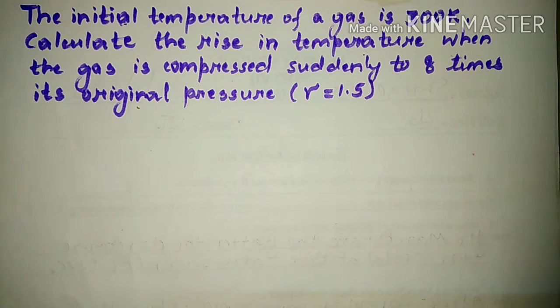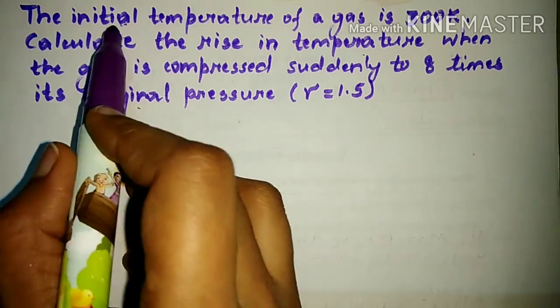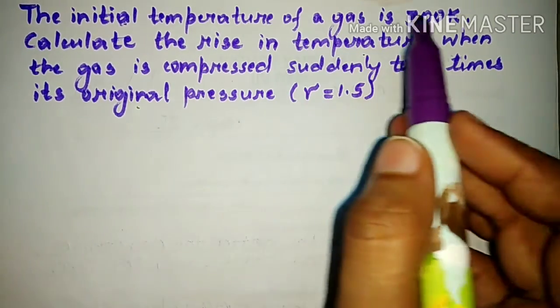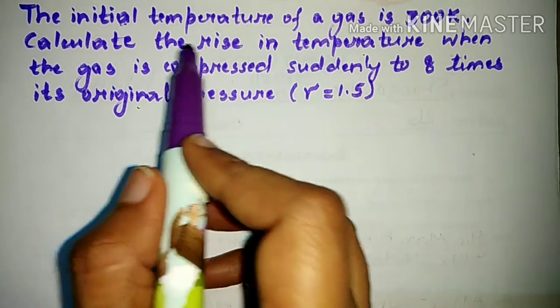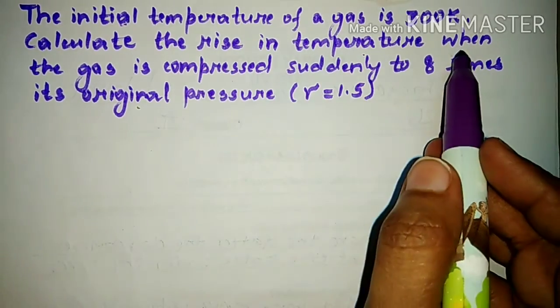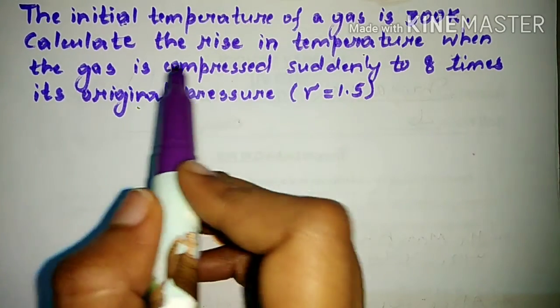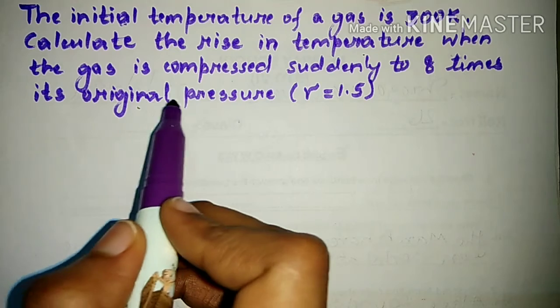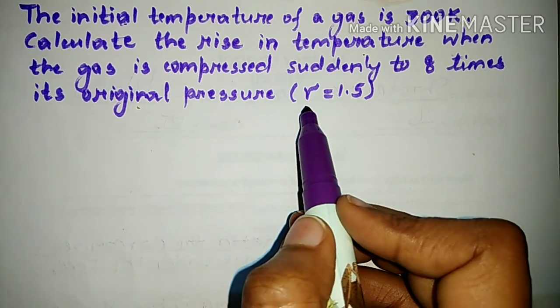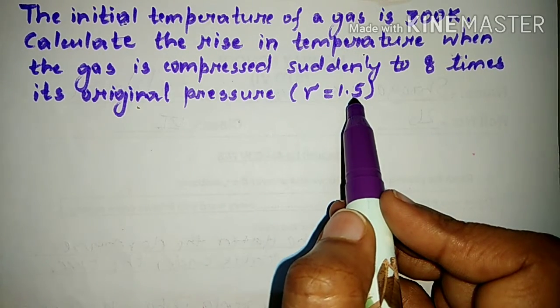We will see another problem in thermodynamics. The initial temperature of a gas is 300 Kelvin. Calculate the rise in temperature when the gas is compressed suddenly to 8 times its original pressure. Gamma is given as 1.5.